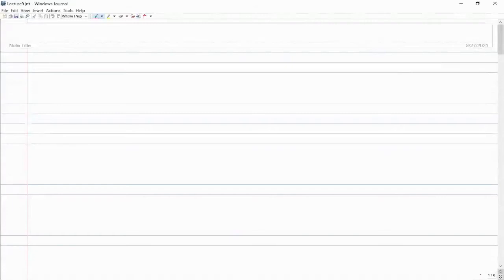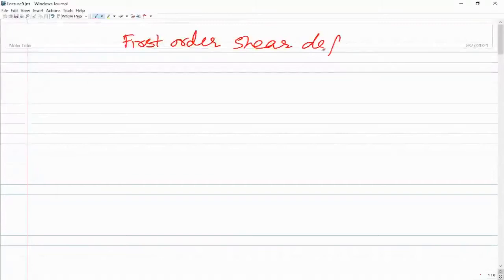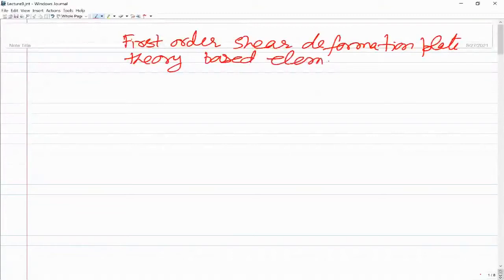So we were discussing the first order shear deformation plate theory based finite elements.